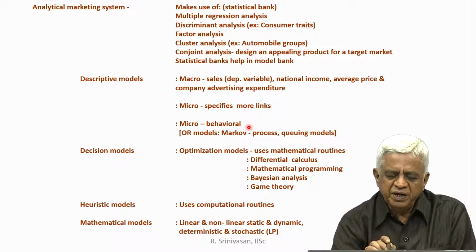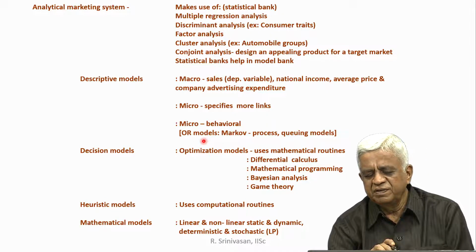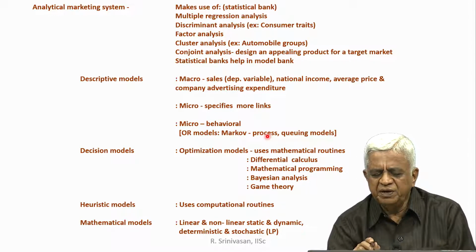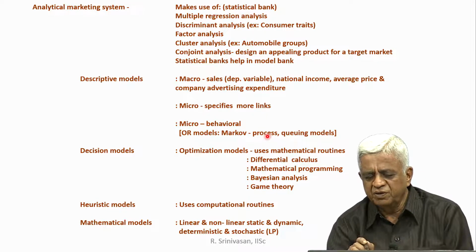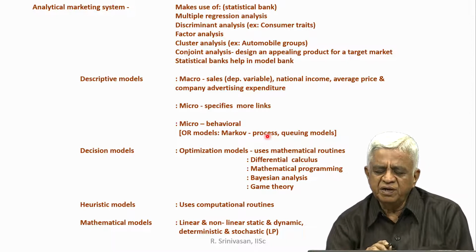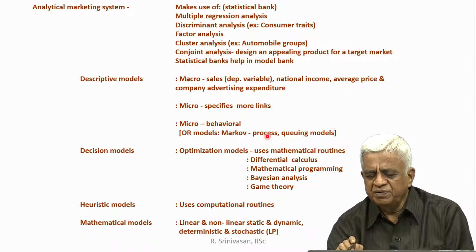So, the micro behavior model makes use of the OR models. The OR models are basically, these two are commonly made use of. One is called the Markov process, the second is called the queuing models. So, what are you trying to do in these models?